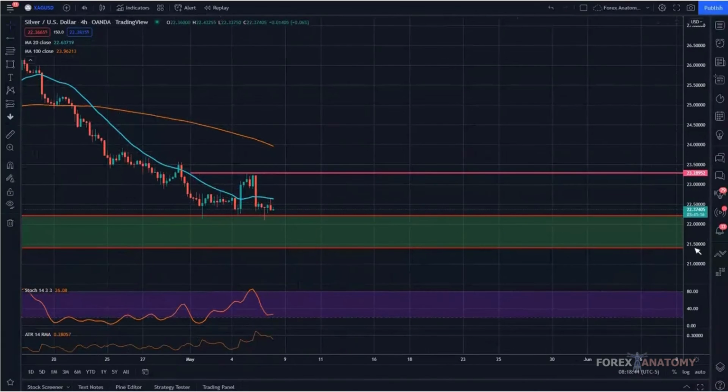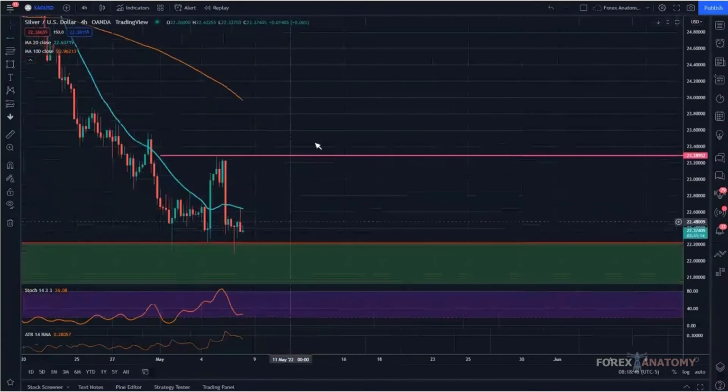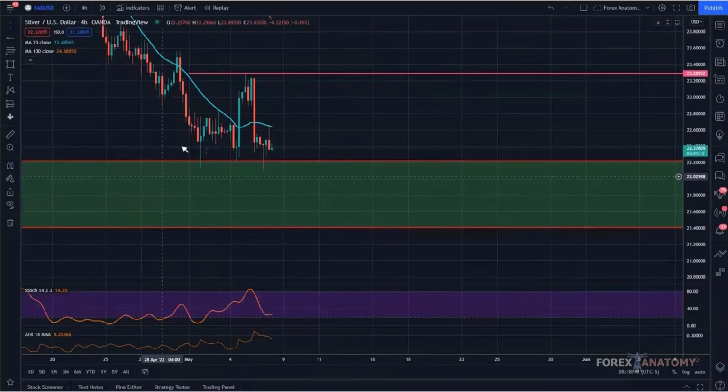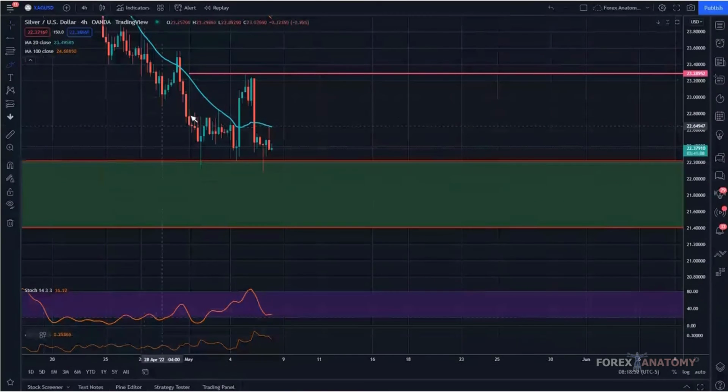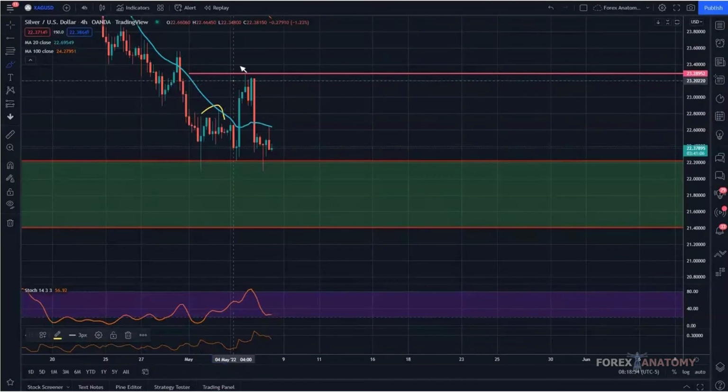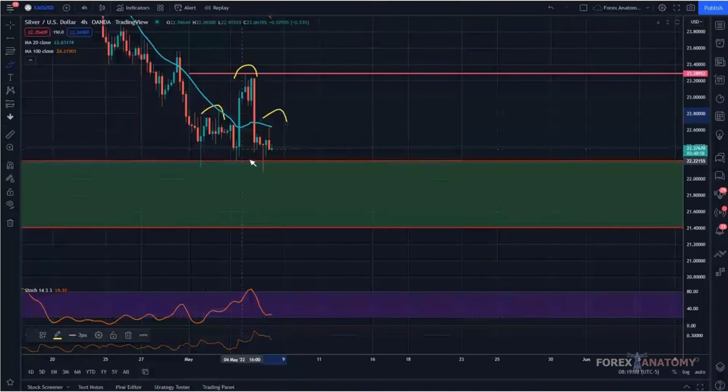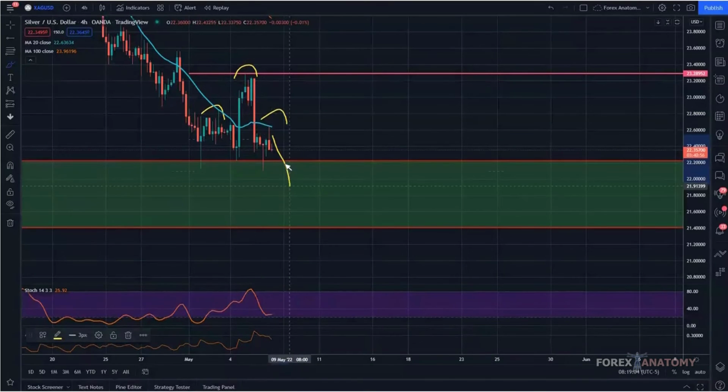Okay. Yeah. So on the 4 hour, it looks like we could see more downside, because what could be forming right here, we see boom, boom, boom, boom, is what you would call a head and shoulders continuation pattern, which means that price could very well push to the downside and push deeper.